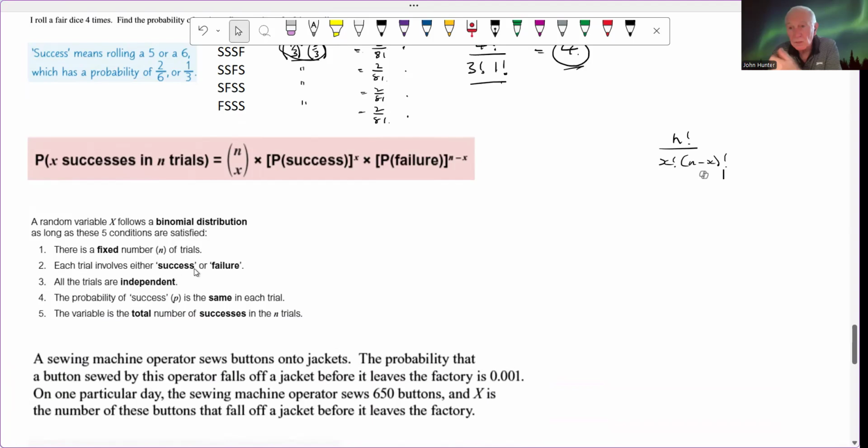It's binomial because there's only 2 outcomes. So that's the definition. And there's a fixed number of trials. But it's important that all the trials are independent, and that the probability of success is the same in each trial. So that question does come up quite a bit: what are the conditions for using the binomial distribution in this particular situation? And those are the 2 that you really need to remember.